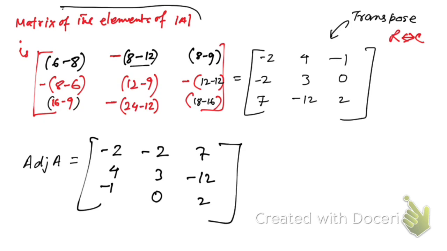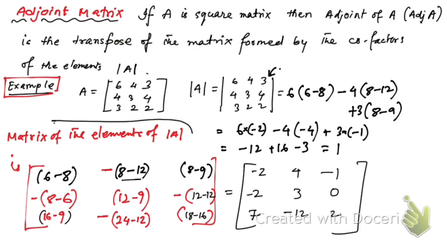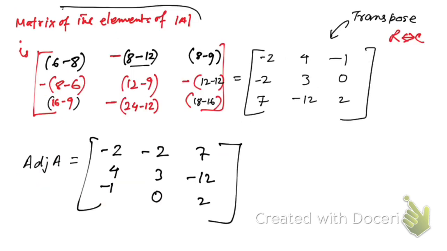Now suppose you need to evaluate the inverse of this matrix A, inverse of A, right? So inverse of A, let me go back to the previous slide. The inverse of A, which is denoted as A inverse, is given by adjoint of A divided by determinant of A, right?